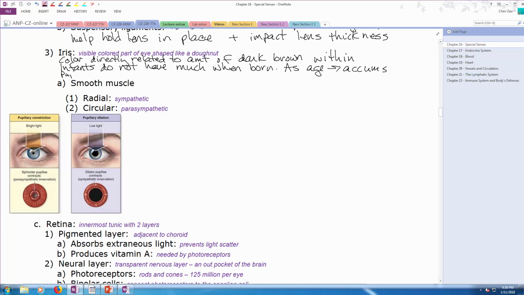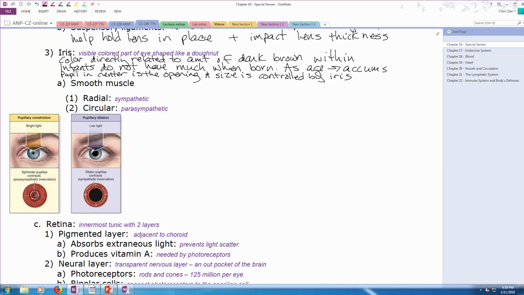To add to our notes, the pupil in the center is the opening. Just add it to the notes. And the size of the pupil is controlled by the iris. The iris is muscular, and it is smooth muscle because is it under voluntary or involuntary control?